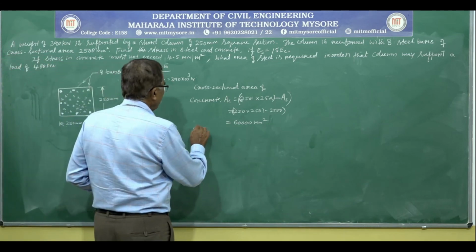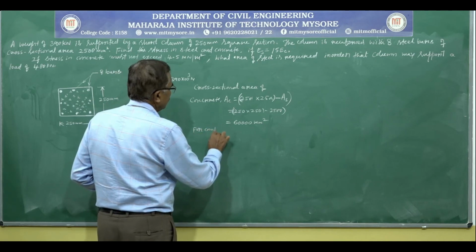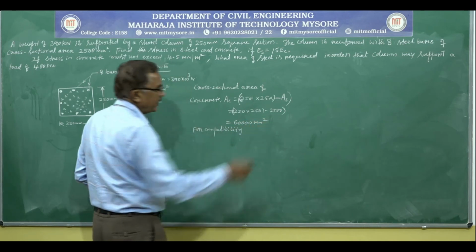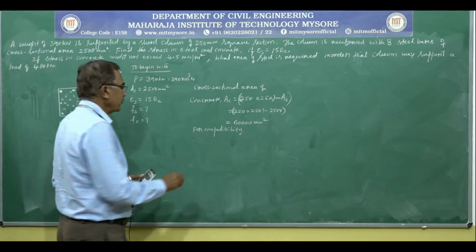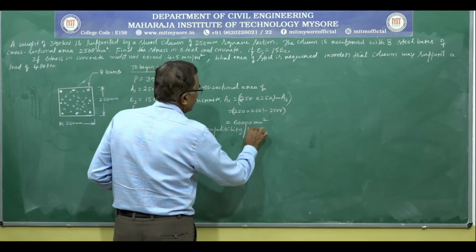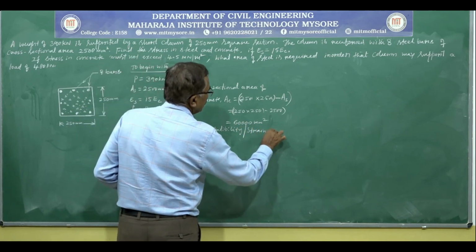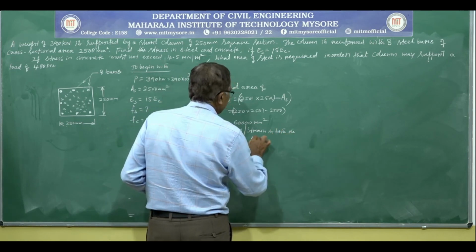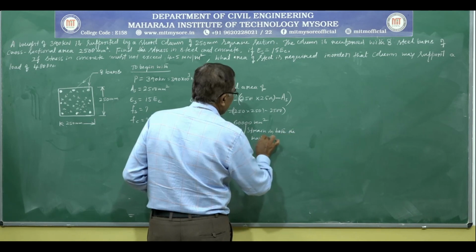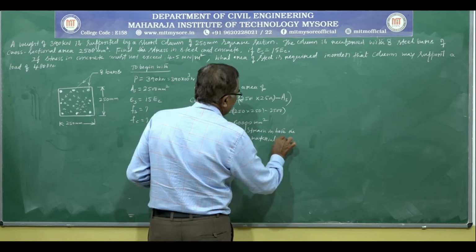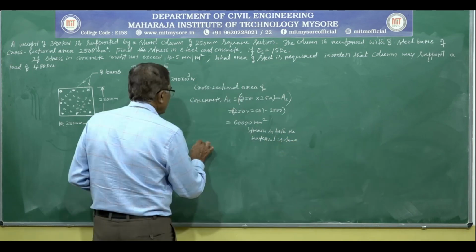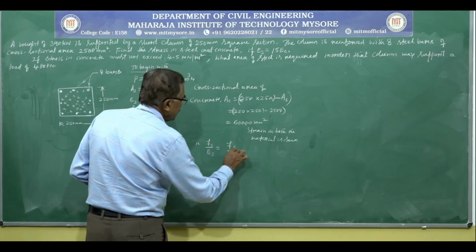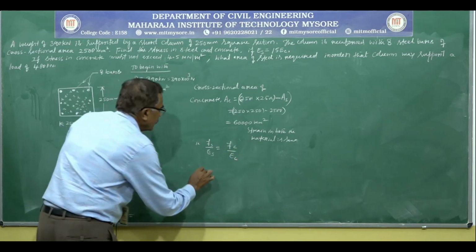You can write it for compatibility, or the same thing you can write: since strain in both the materials is the same, that is Fs by Es is equal to Fc by Ec.